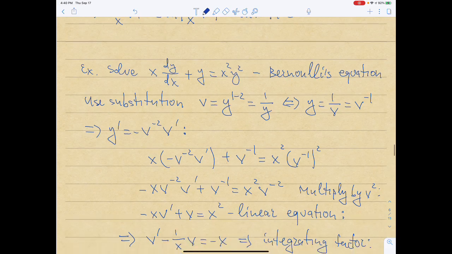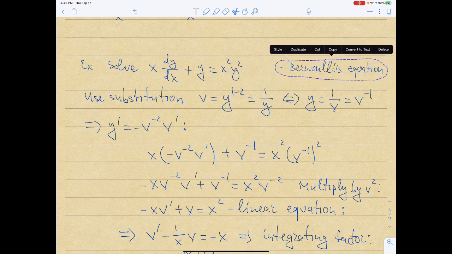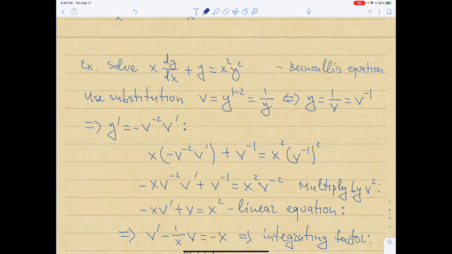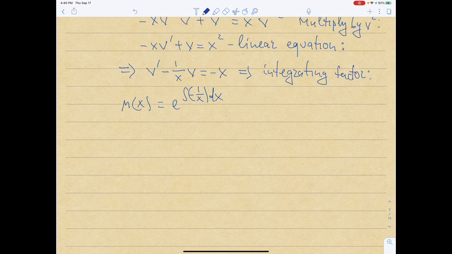Let me again assume here that x is positive, because if x is positive, things are going to look simpler. So this is e to the power minus integral of 1 over x, which is ln absolute value of x. When we compute the integrating factor, we're not adding an arbitrary constant. Then if x is positive, like I assumed, then I can drop the absolute value sign.